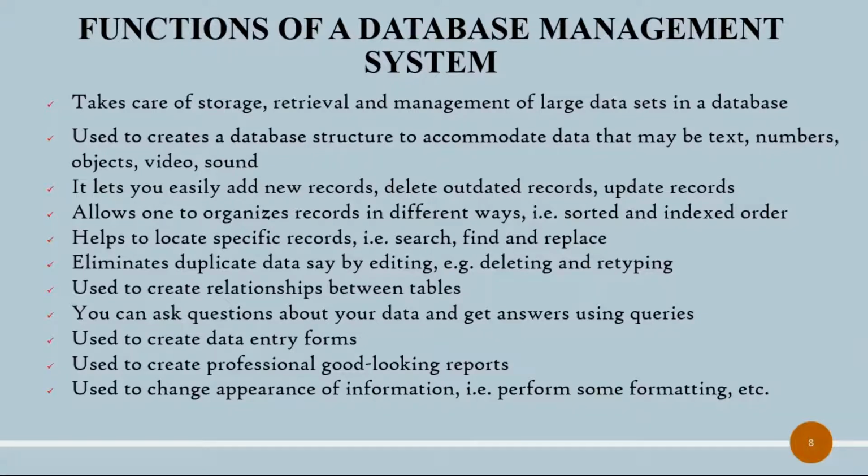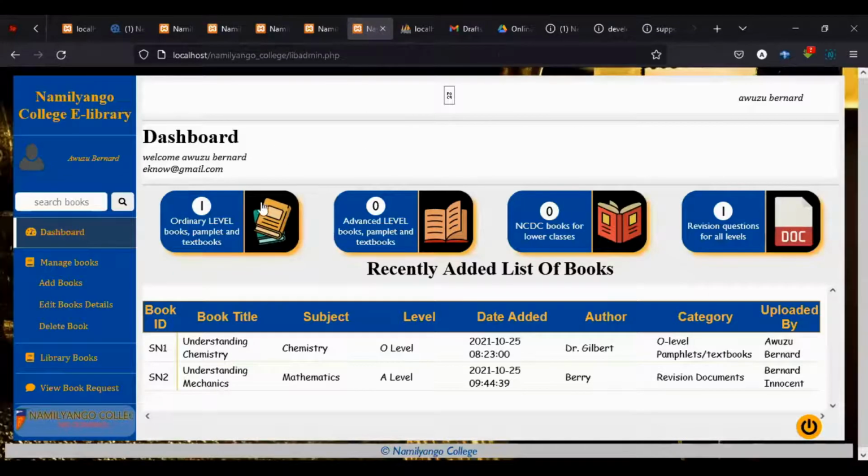So let me share my screen again to explain. Now, for example, I'm looking for a book. Instead of going to the librarian, signing for a book, then looking for the book, which takes a lot of time, with the database management system all I have to do is search for a book.